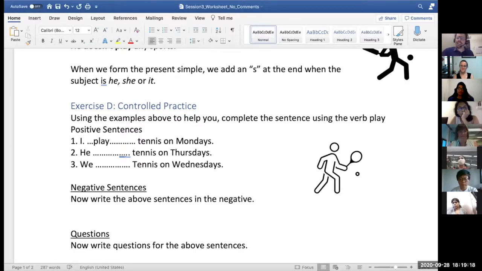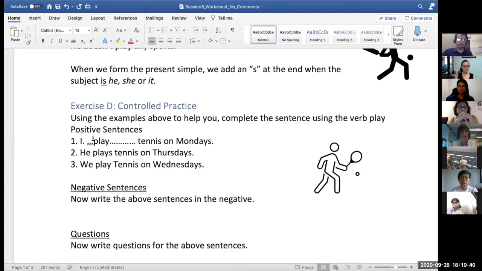And what about number 2, Diane? He plays. Good, well done. You remembered the S. Nice. Have a go at number 3. We play tennis on Tuesdays. Good. Well done. So this is how we form the present simple.